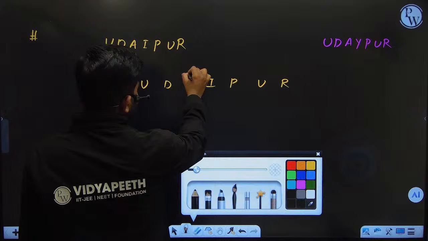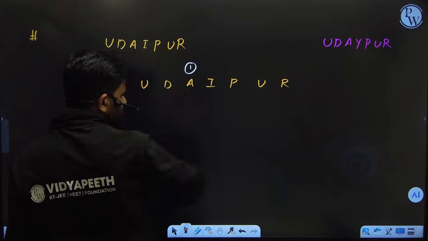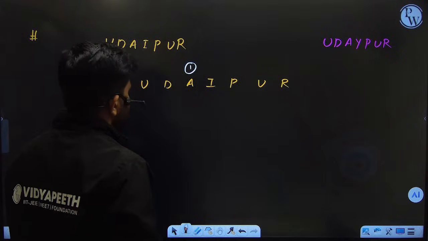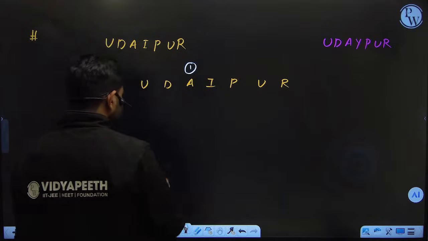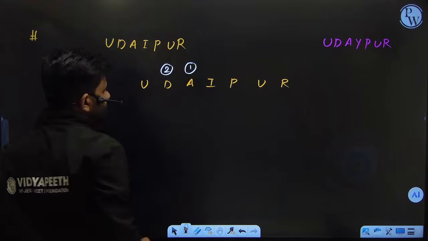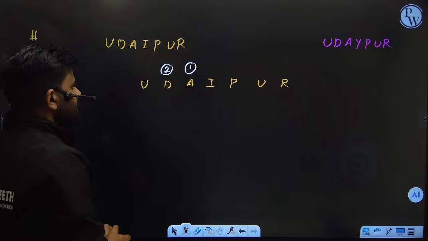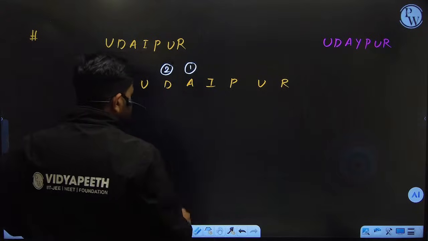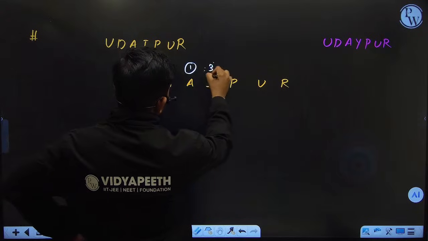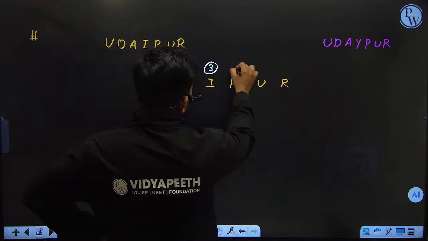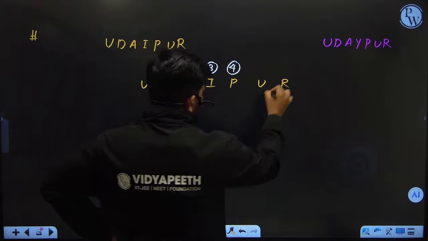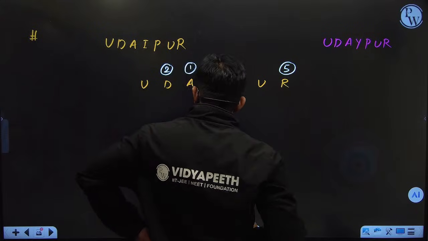First letter will be A, so I will mark this as 1. Then second will be D, I will mark it as 2. Then after D, it will be I. After I, it will be P. Then R. And then finally we have U.